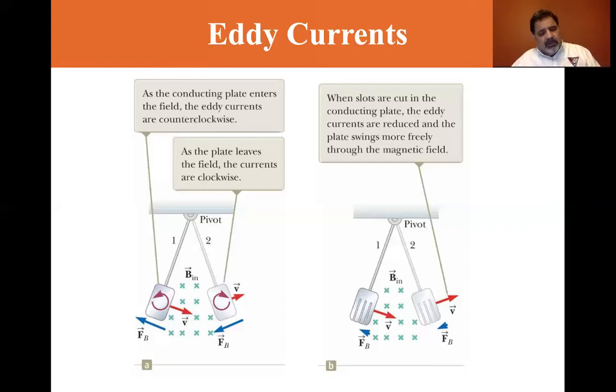So this is just a braking system used. You can look up eddy current brakes, and you'll find a lot of interesting applications. Anyway, that ends our eddy currents. That ends chapter 30.